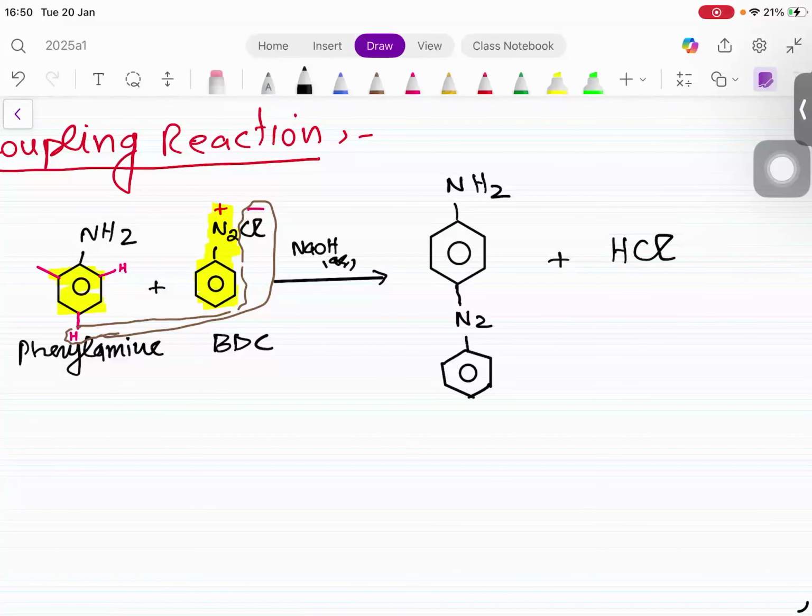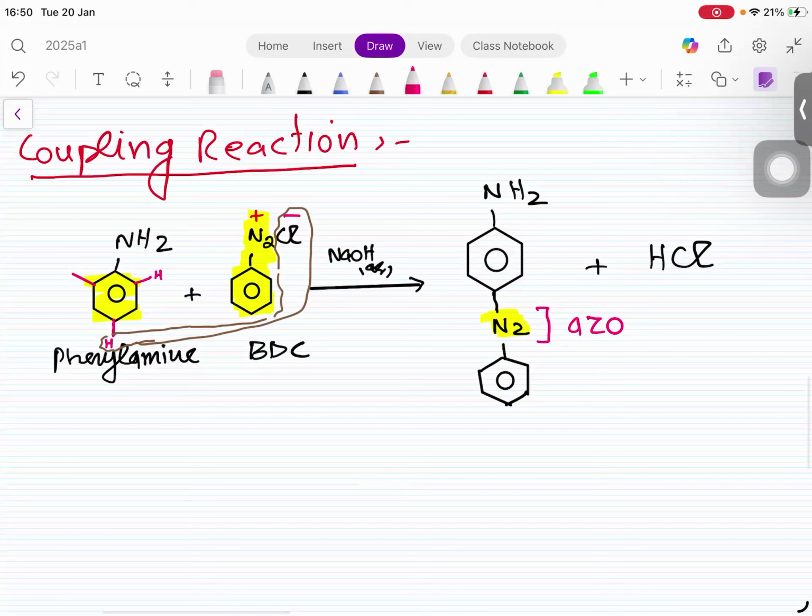Now listen, this N2 is known as azo. The compound that is formed has a new functional group which you can identify here. And this new functional group is what? N2. This is known as azo functional group.